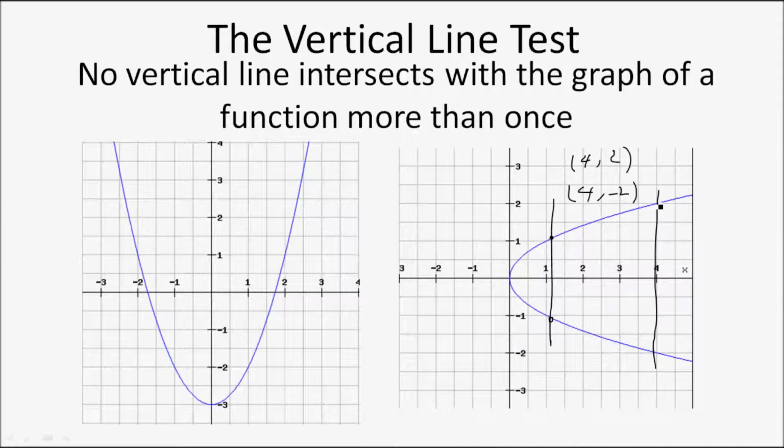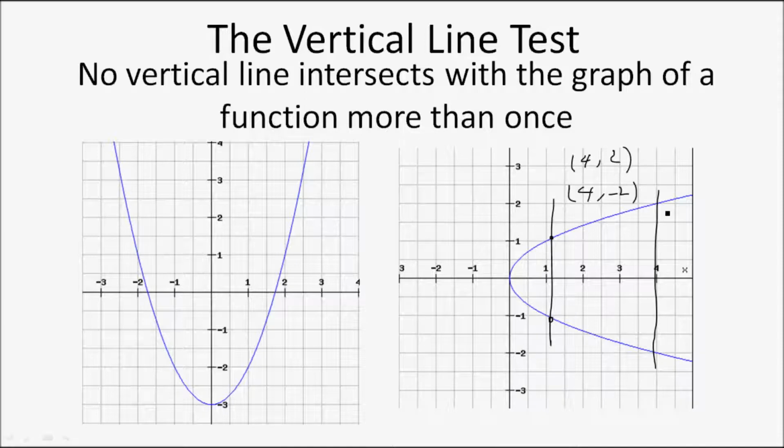This is the point 4, 2, and this is the point 4, -2. So you see one value from the domain 4 is associated to 2 values, 2 and -2, from the range. This means that this is not a function because it's a one-to-many relation.